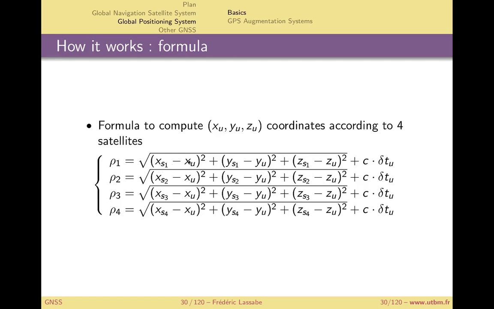So this is the x, y, z, u for the user device, and x, y, z, s1 for the first satellite. It's the same for the other ones. Plus the speed of light multiplied by the difference of time, so the lack of synchronization between both devices, the satellite and the GPS chip. So you have to solve this system, which is not linear because it's quadratic.